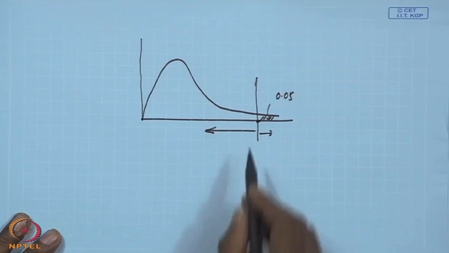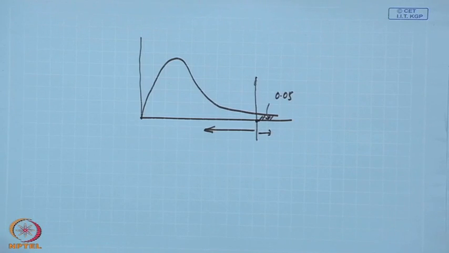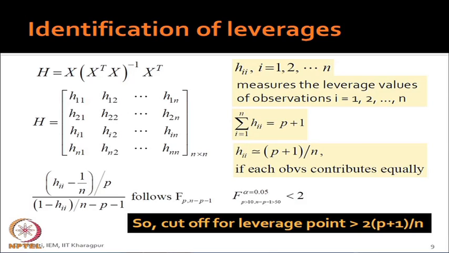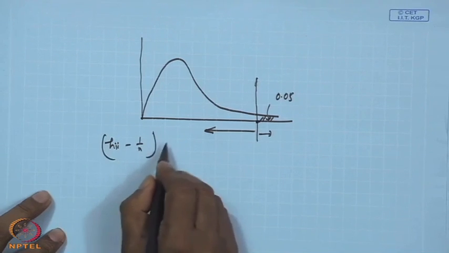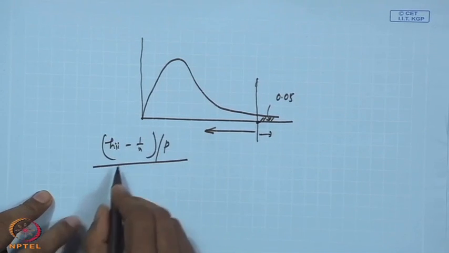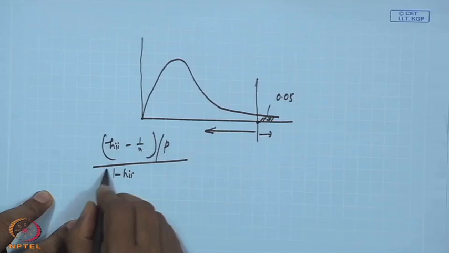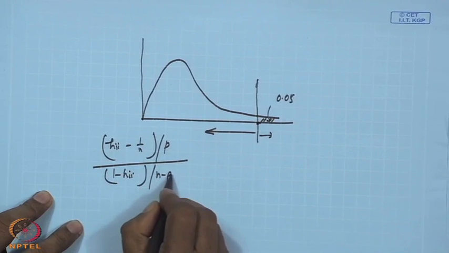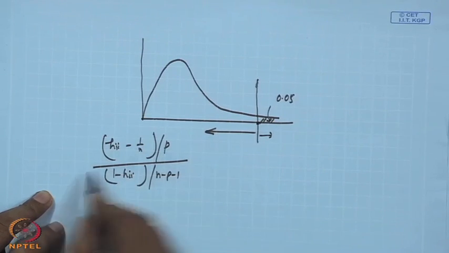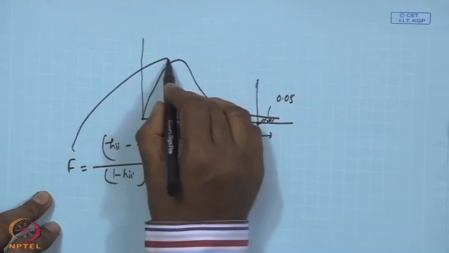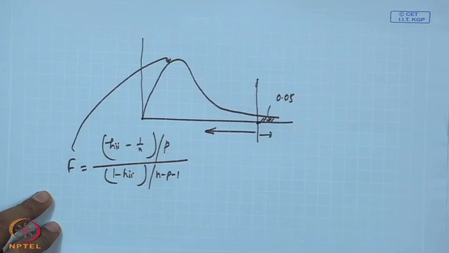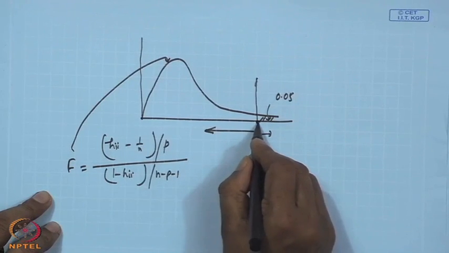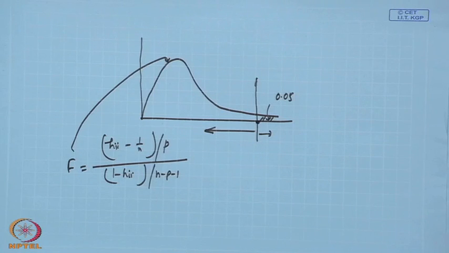Hii minus 1 by n, divided by the degrees of freedom, and 1 minus Hii, is this F, which you are finding out here.